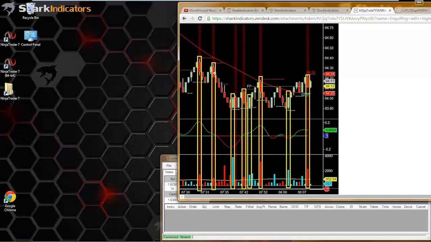So we'll look for these engulfing bars, and then the second condition that we're looking for is volume, right? So volume just needs to be greater than the previous bar's volume.